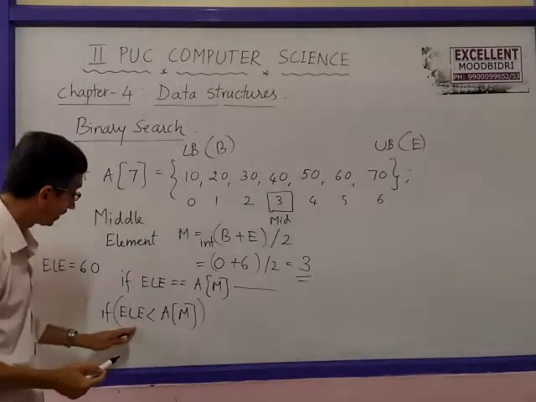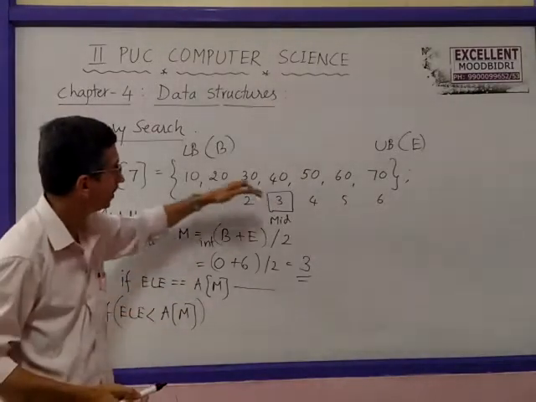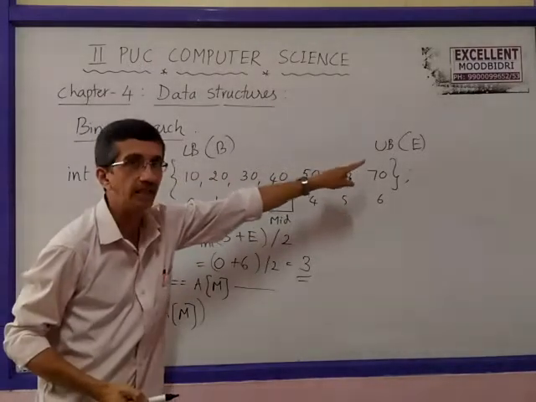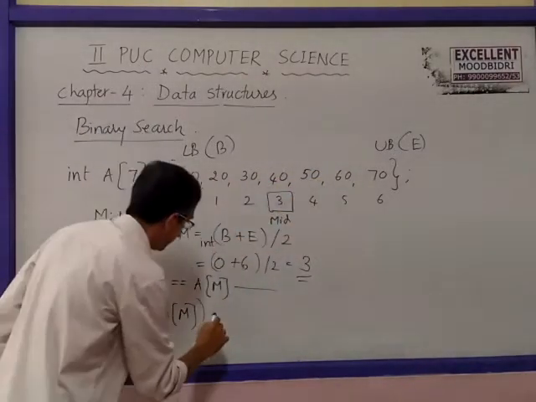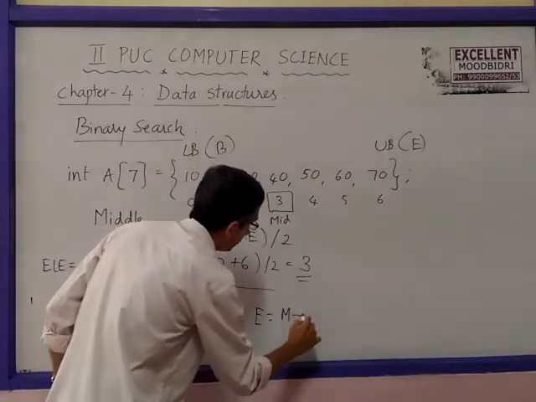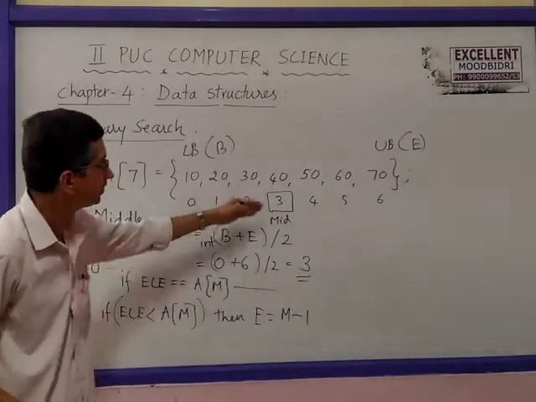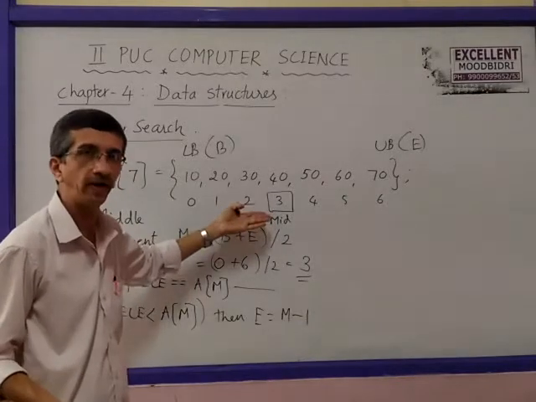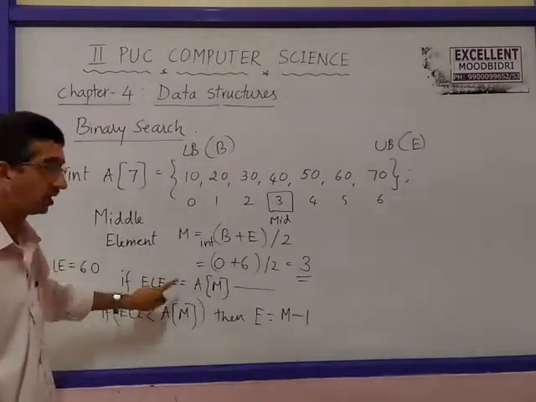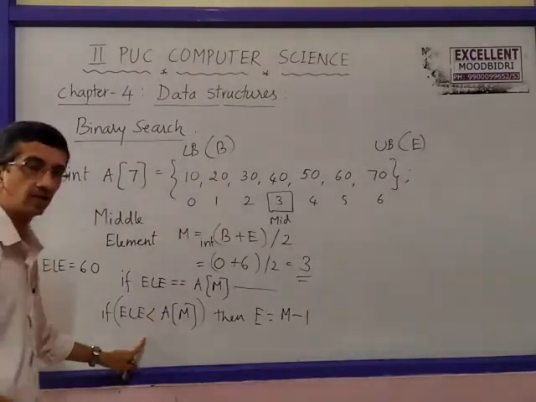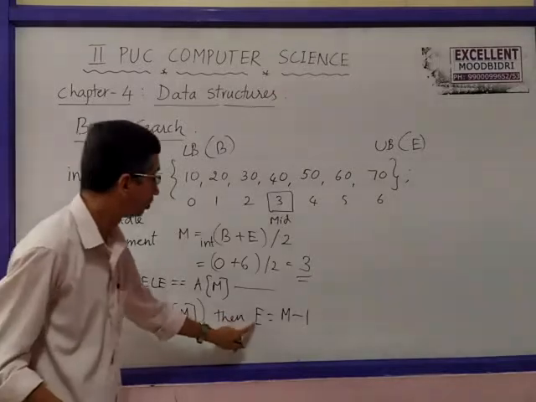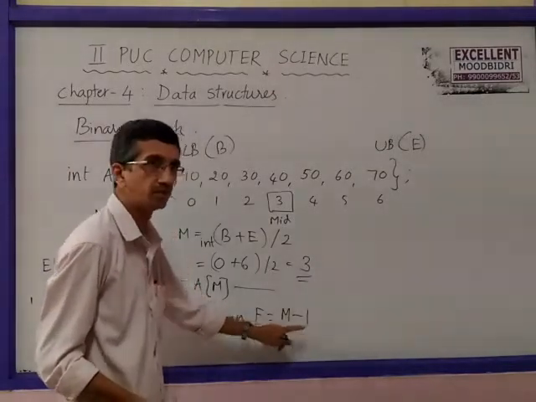If the search element is less than a of mid, it is found in this section, so E is equal to mid minus 1. Even mid is not necessary, mid we have already compared. Only in case it is not the mid item do we compare with less than or more than. So in case it is less than the mid item, E should be equal to mid minus 1.